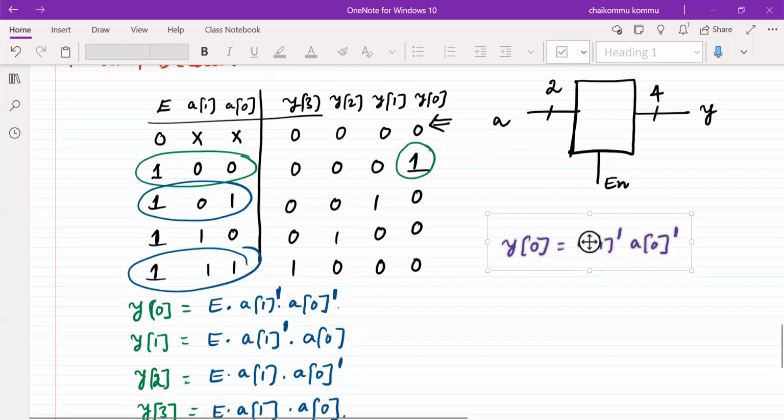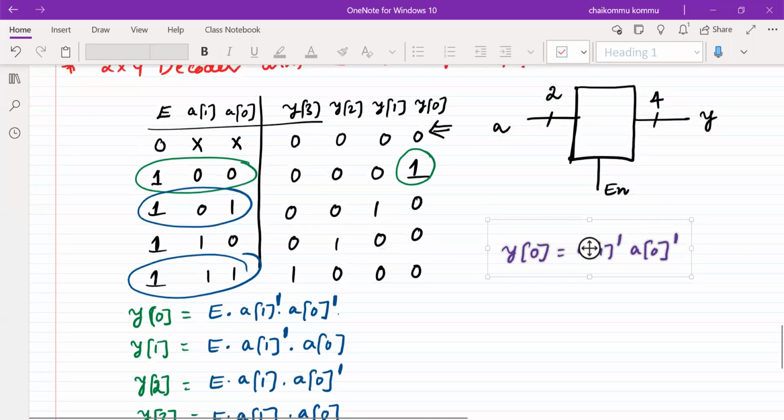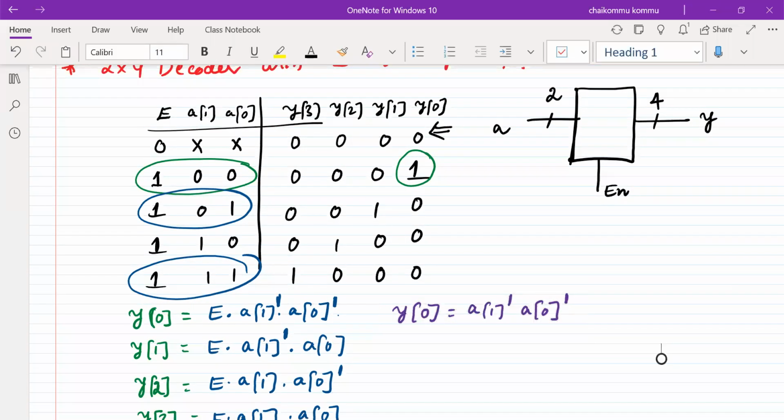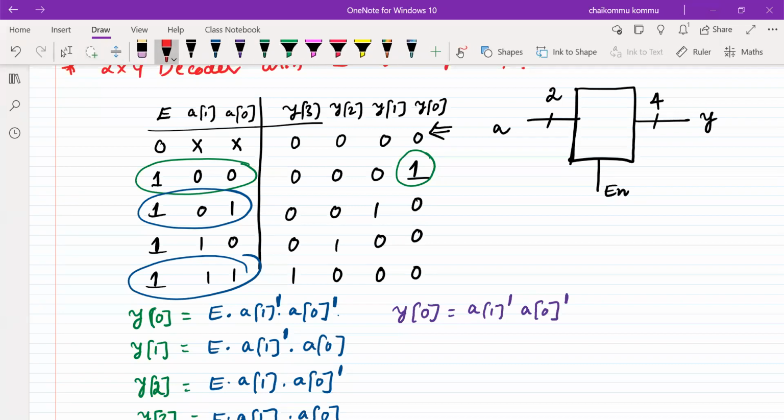I'm trying to compare these two things. Without enable, the enable signal is not there. With enable, only this is included. Please remember the point. So instead of a 2 input AND gate for Y0, we have to take a 3 input AND gate.